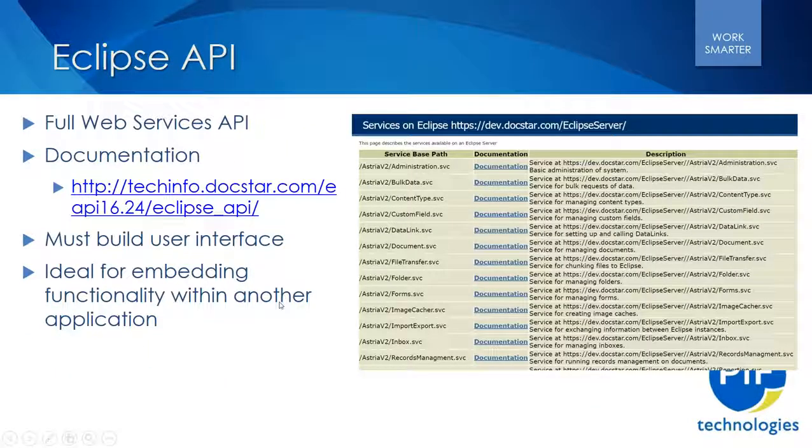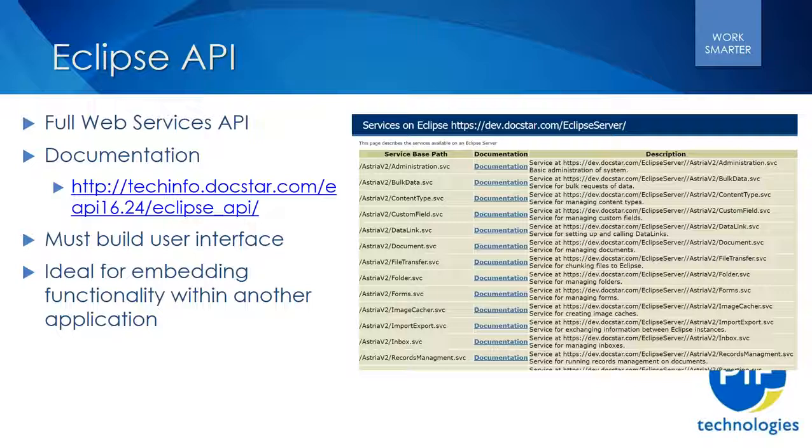Okay. Full API. There isn't a public link to this documentation, but you can see here I've provided that link. This is basically the web services API. So if you wanted to create a full integration with Eclipse, you can do that. Obviously, with an API, there is no user interface.